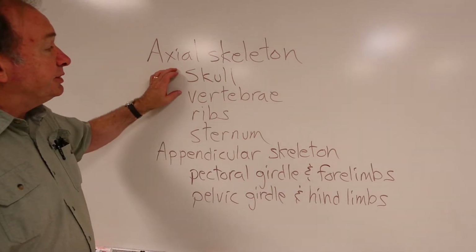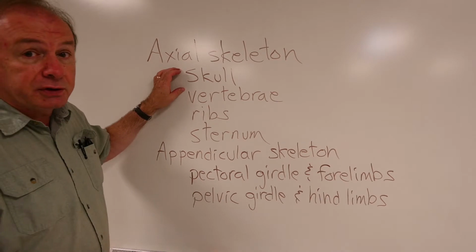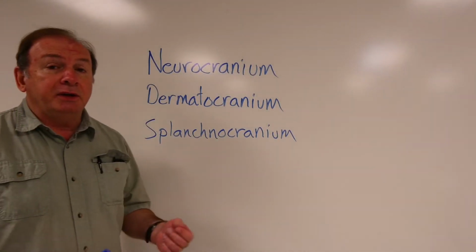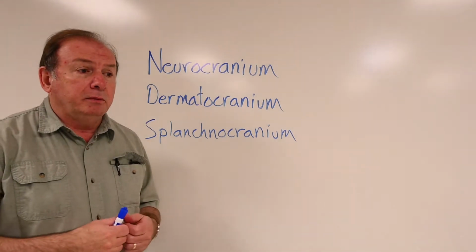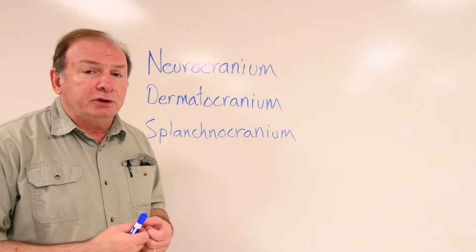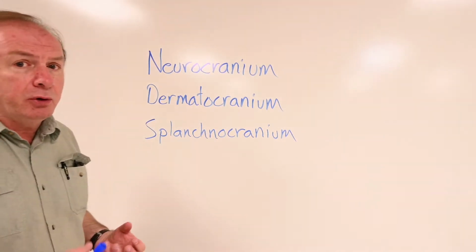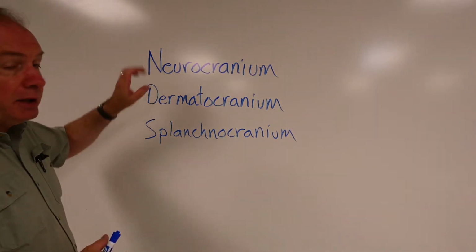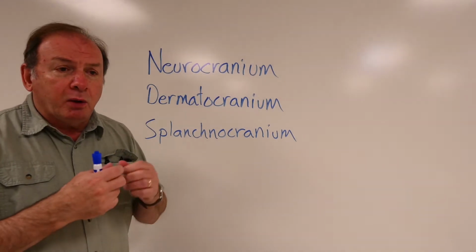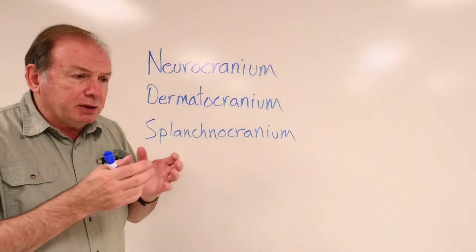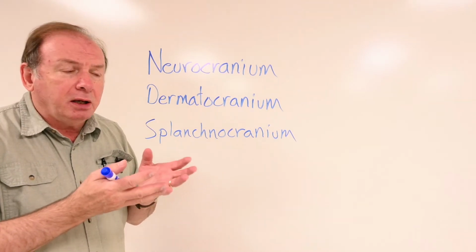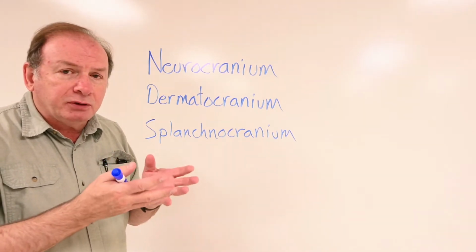Now we're going to deal specifically first with the skull. In our discussion of the skull, the anatomy of the skull is going to center around these three groups of bones. Bones that are derived from the embryonic neurocranium, where it essentially forms a support beneath the brain, underneath the brain as the brain begins to form.